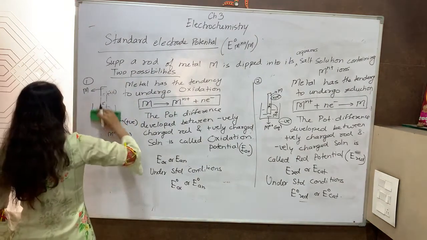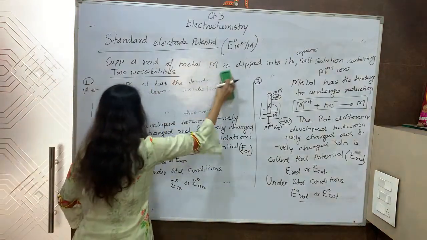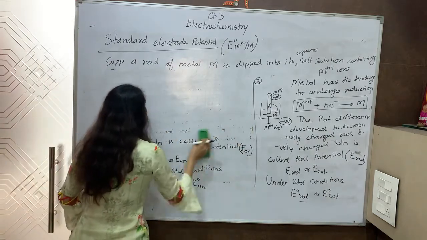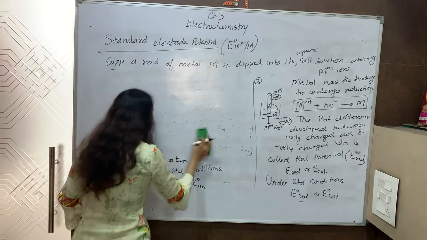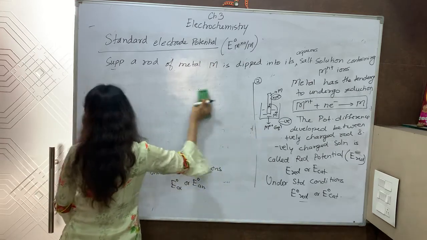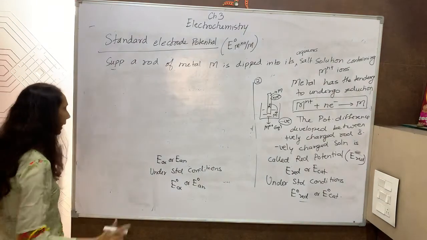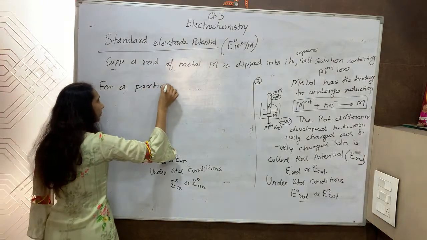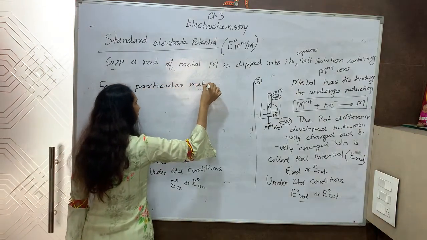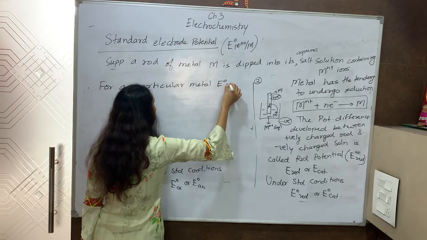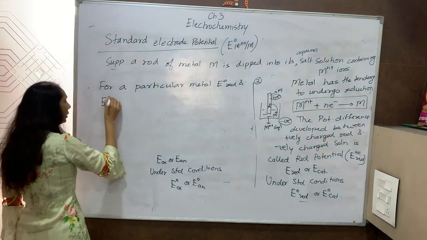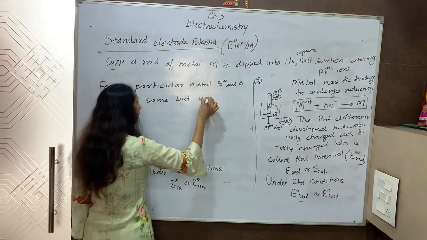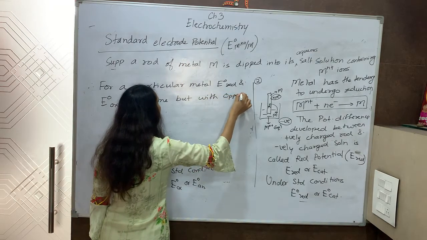So for a particular metal, E naught reduction and E naught oxidation are the same but with opposite sign.